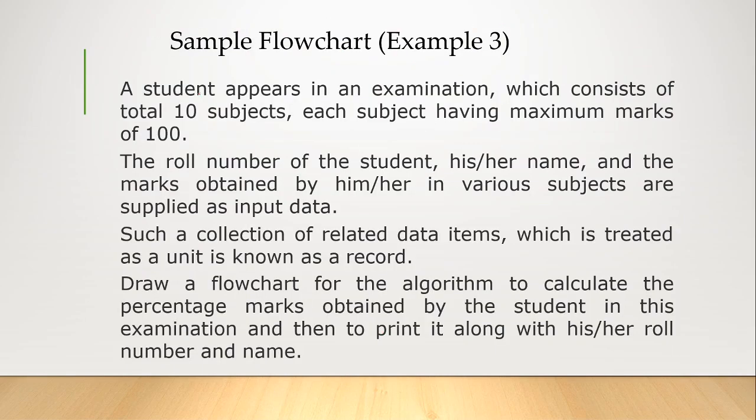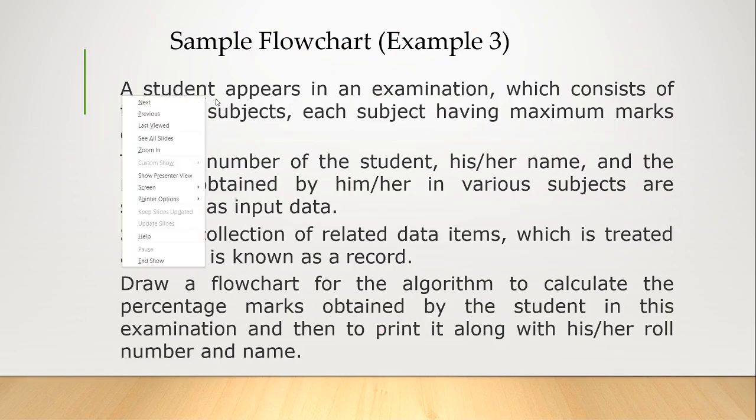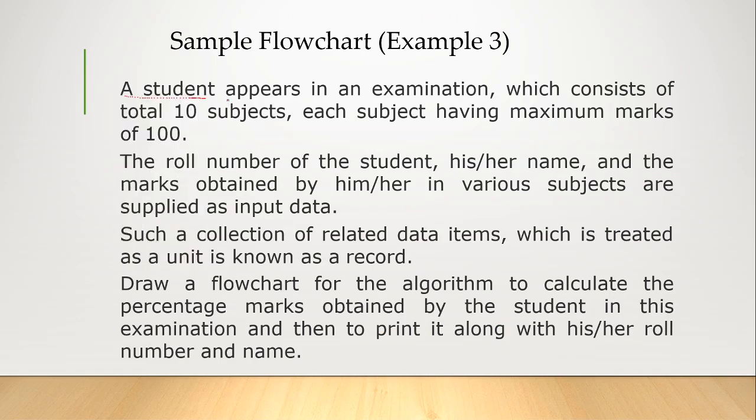Next we have a question. A student appears in the examination which consists of 10 subjects, each subject having maximum marks of 100. The roll number of a student, his or her name, and the marks obtained by him or her in various subjects are supplied as input data.